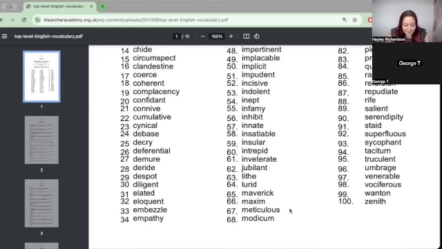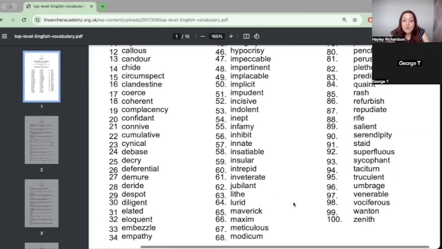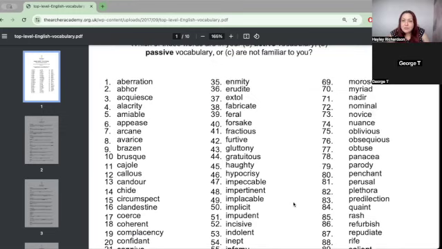Depends on what the theme of the poem is, but it's the meticulous selection. So it's not just a selection. They're not just choosing the vocabulary, they're choosing it meticulously, which means extremely carefully. So that's a really good word to use for when you're talking about your poetry.